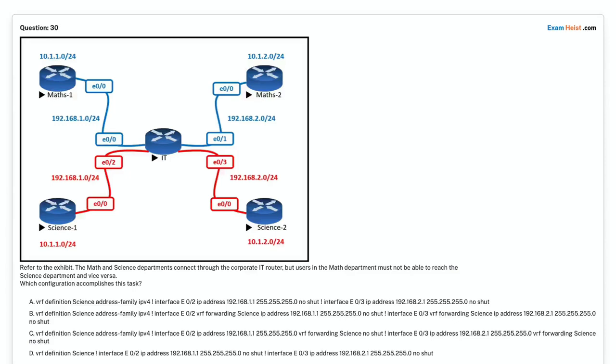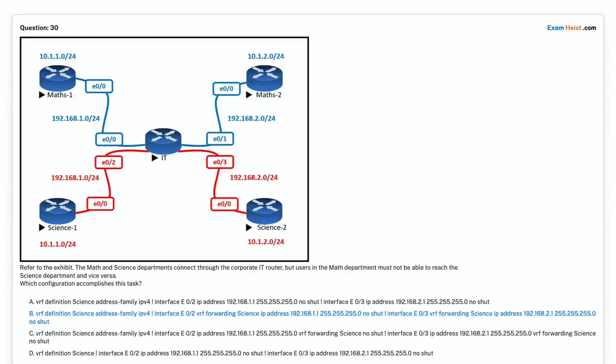Interface Ethernet 0/1, ip address 192.168.1.1 255.255.255.0, no shut. Interface Ethernet 0/2, ip address 192.168.2.1 255.255.255.0, no shut. Choose the correct answer.